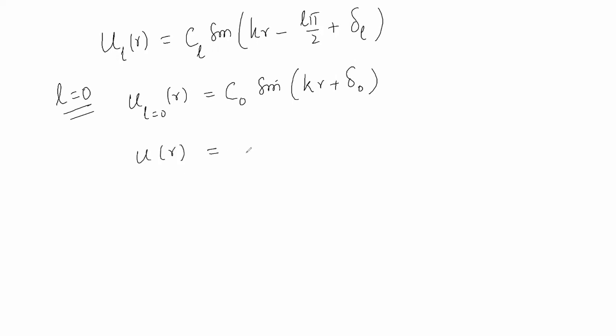The solution which I told you will be a valid solution: sin k(r minus a). That means this is kr minus ka. Now if you compare these two, then what is delta_0? Minus ka.